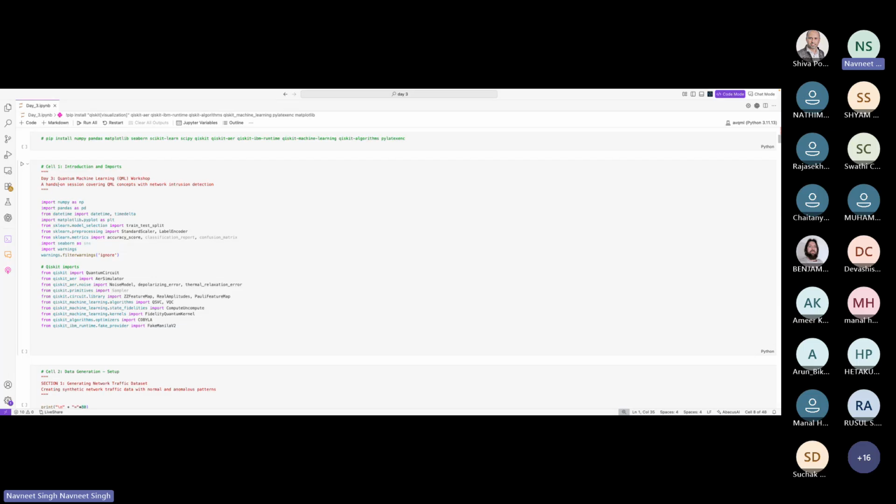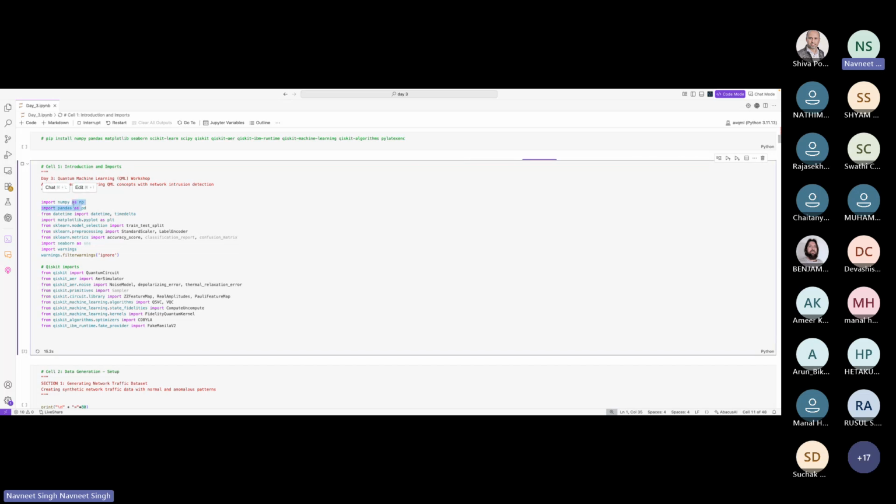Now we import all the libraries we use in our QML pipeline. I will walk through the imports slowly so you can see how each group fits into a full quantum pipeline. First we import NumPy and pandas.